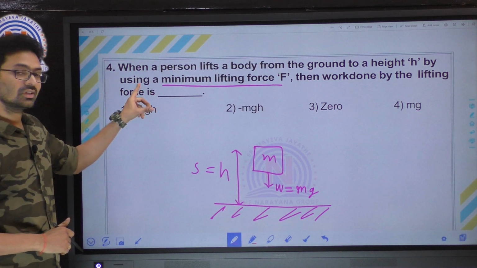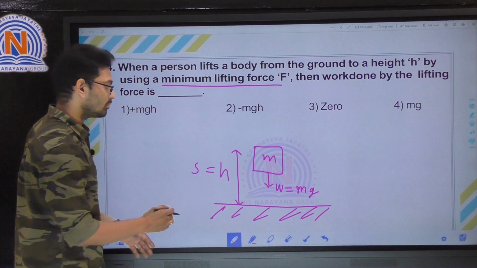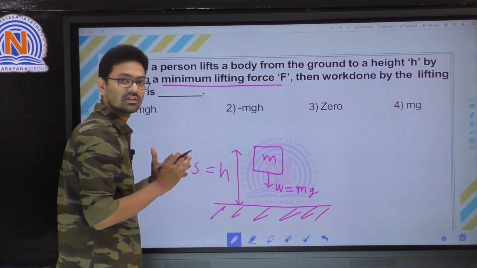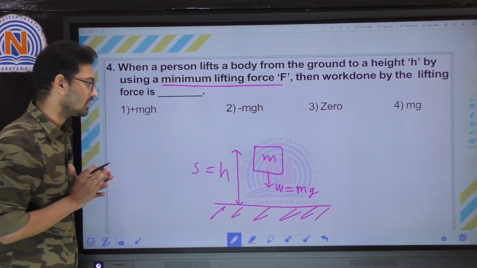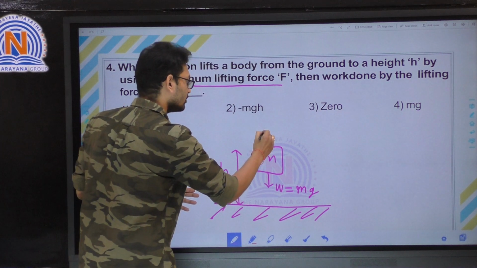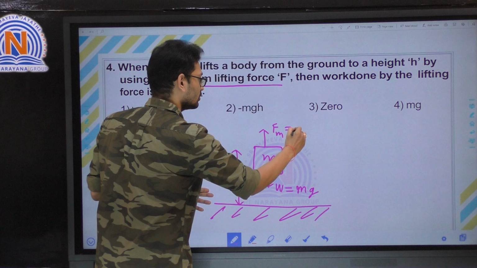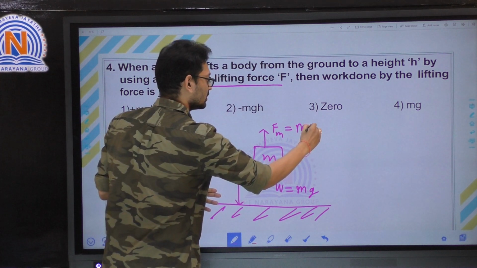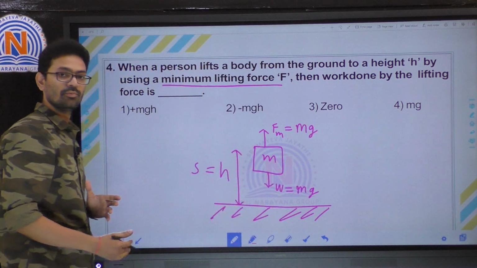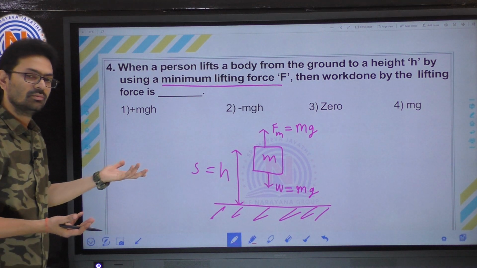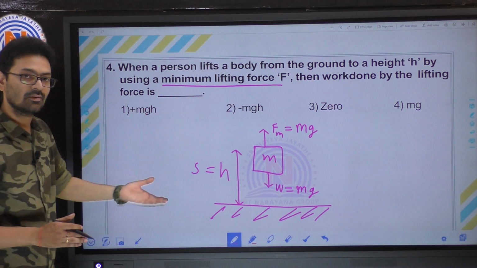When you talk about the minimum lifting force, that means you just have to overcome the weight, that's enough. That means the minimum lifting force Fm is going to be equal to mg. That is the minimum required force for you to move it up.